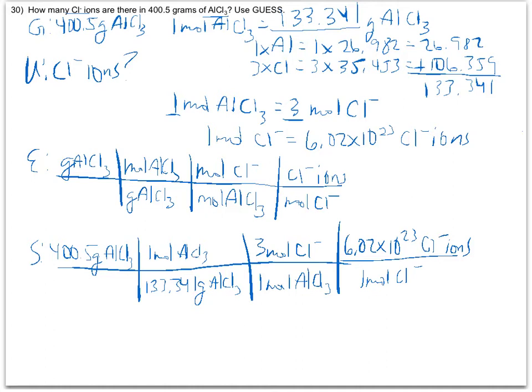Alright, so we used all 3 conversion statements. Now it's just the math. The number that we were given, divided by the mass, times 3 moles, times Avogadro's number. Remember to put the Avogadro's number in parentheses, or you will not get the right answer.